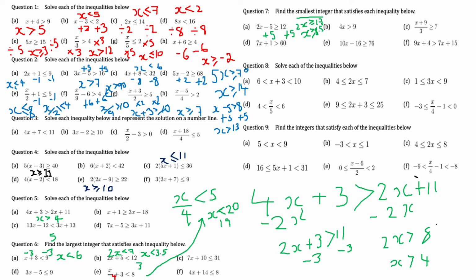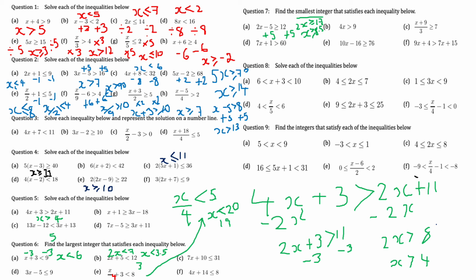8.5. So the smallest integer that satisfies this would be, for our case here, any number less than 8.